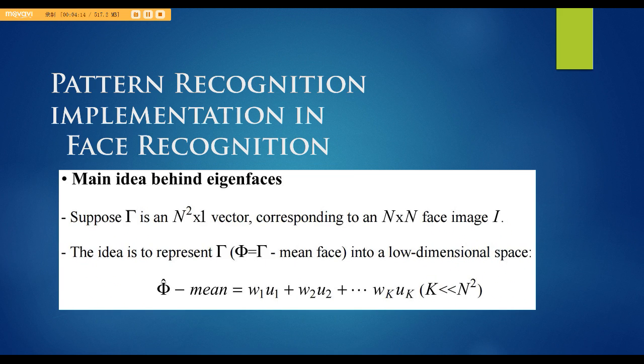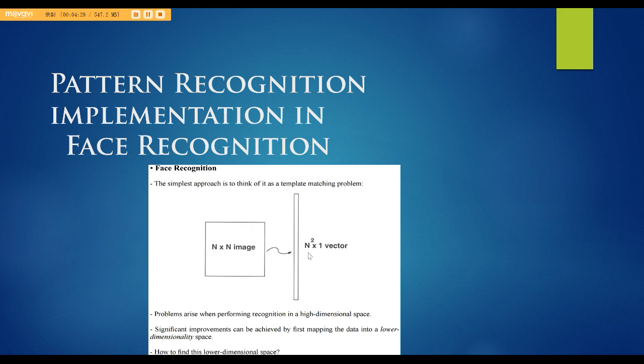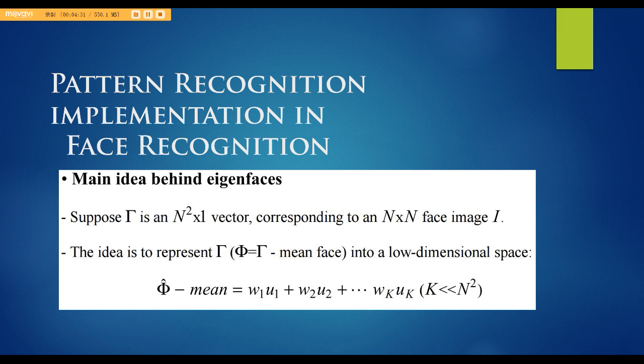I'm going to talk about the main ideas behind these eigenfaces. Suppose that gamma here is an n squared vector, which represents this one, corresponding to the n by n face image I. The idea is to represent phi, which equals gamma minus the mean face, in a low dimensional space.